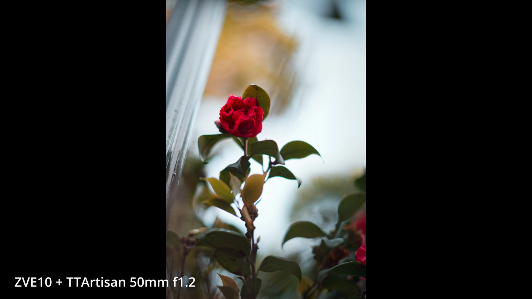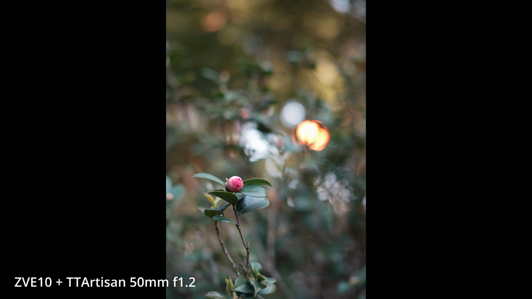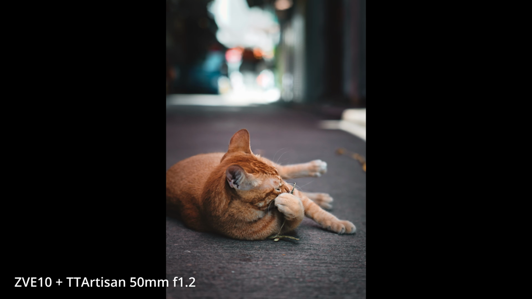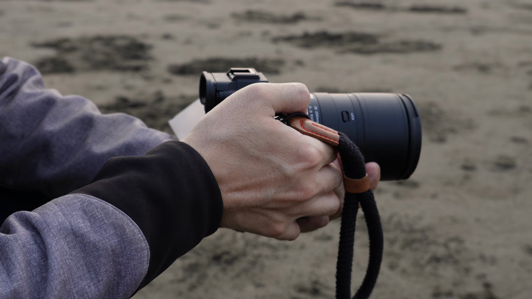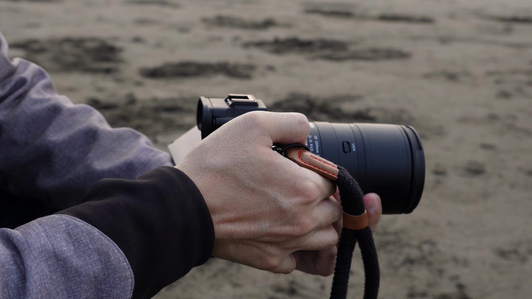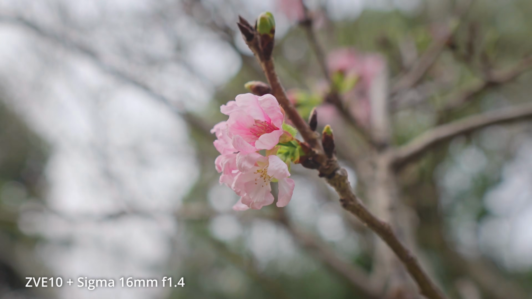In my opinion, ZVE10 is the best budget camera. It is more video-centric, but it performs greatly for both videos and photos. And Sony A7 IV is the best entry-level professional hybrid camera.